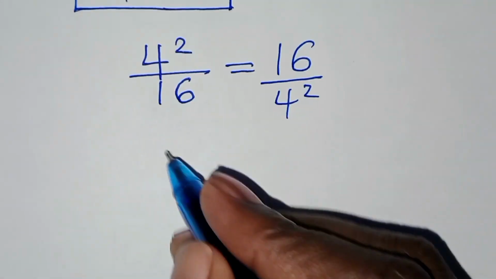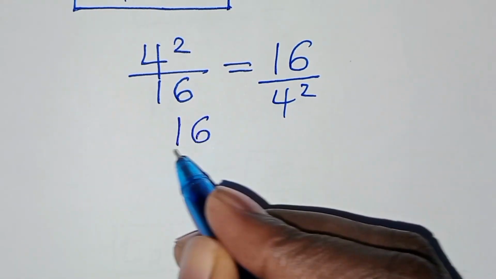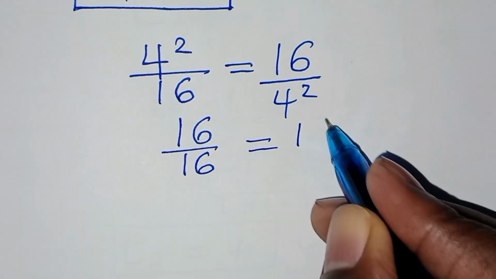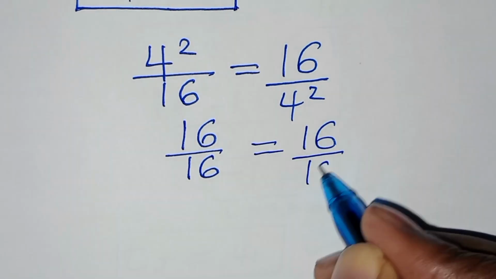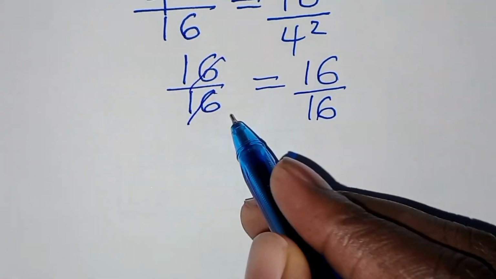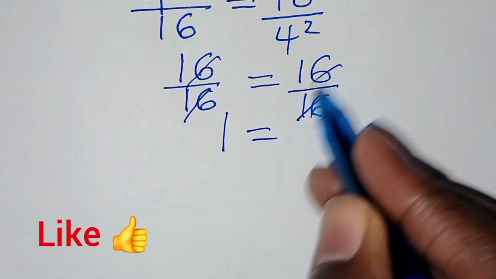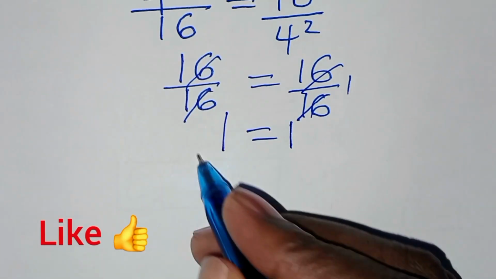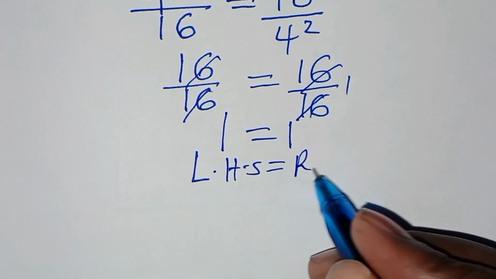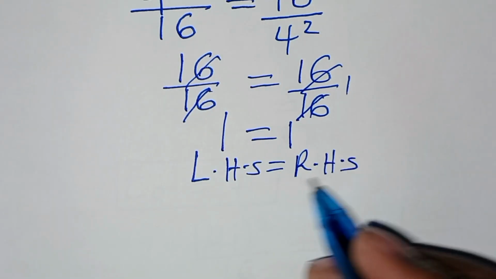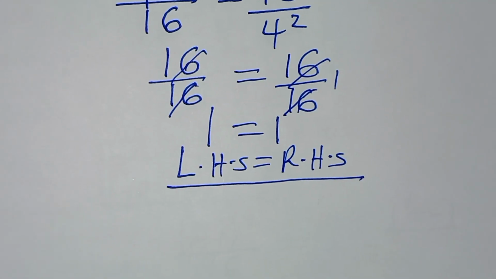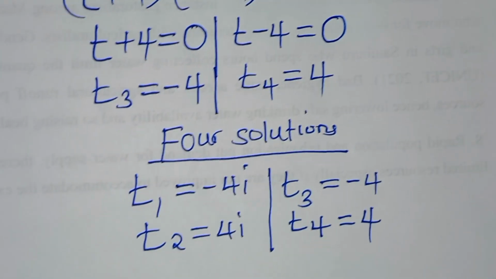So 4 squared is 16, so this is 16 divided by 16, equal to 16 divided by 16. So this is equal to 1, which is equal to 1. So the left hand side is equal to the right hand side, and this implies that these 4 solutions actually satisfy the equation.